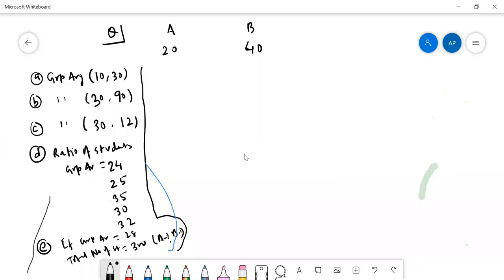So in both of these two cases, the ratio of students is 1:3.